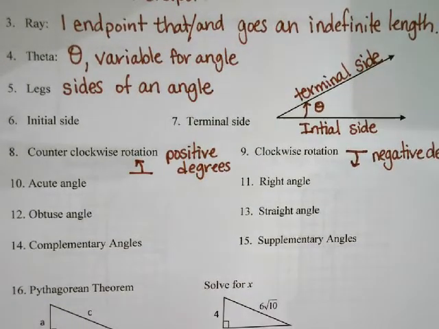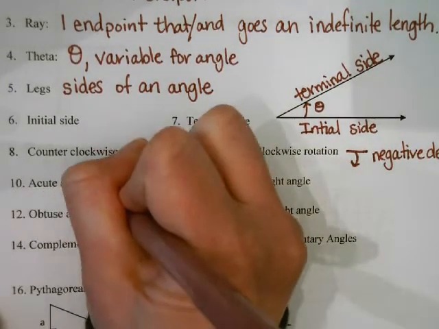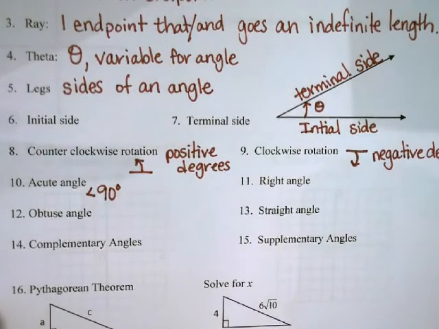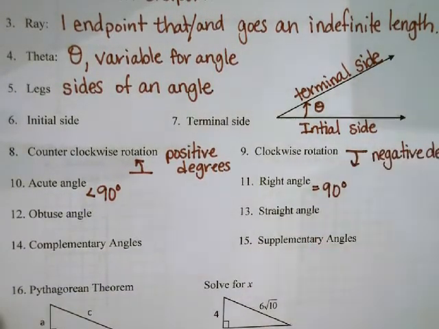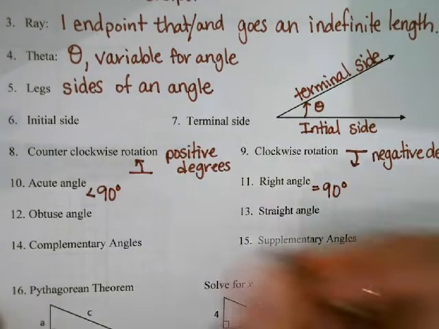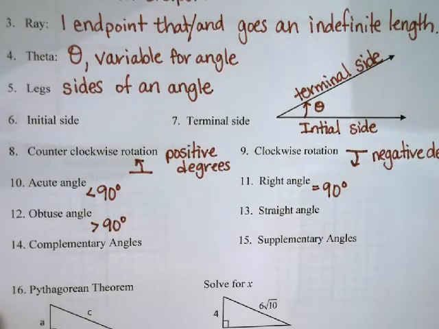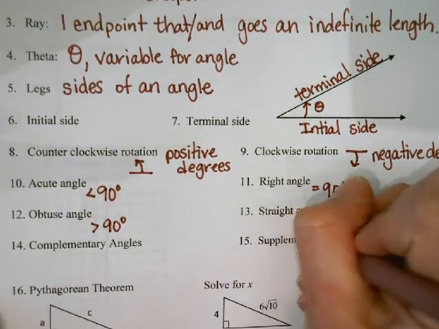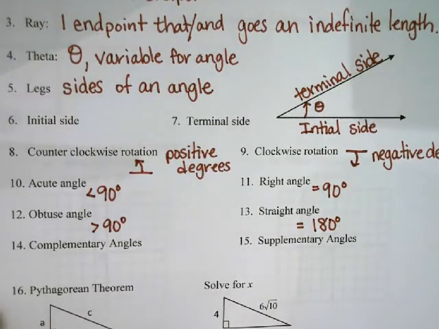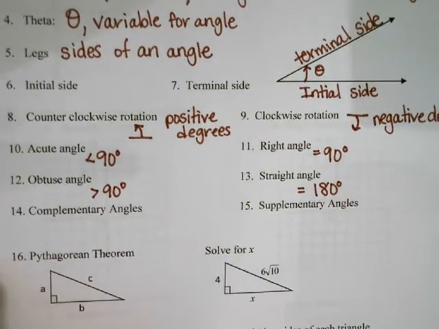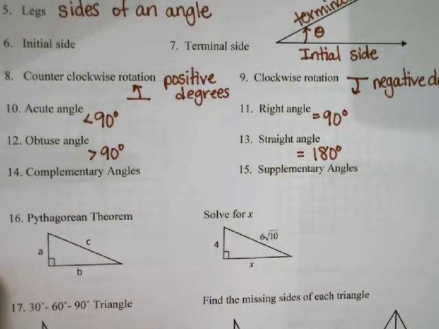10 through 13 here, these are the ones that we've done a lot before. So an acute angle, remember, is less than 90 degrees. A right angle is equal to 90 degrees. An obtuse angle is greater than 90 degrees. And a straight angle is equal to 180 degrees. Some more vocab that we've been doing for a while.